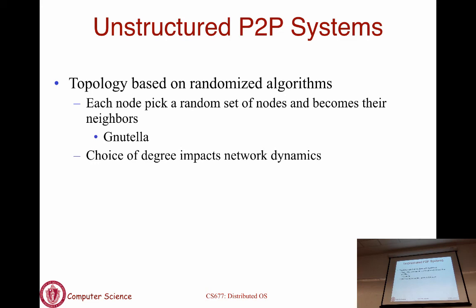Because they are unstructured, the way they answer queries is different from what happens in structured peer-to-peer networks like Chord and CAN. In this case, most of the requests are going to be answered by what is called flooding. Let's say you ask who has file foo.mp4. That is my key. I'm looking for a value. You are going to send it to some peer.